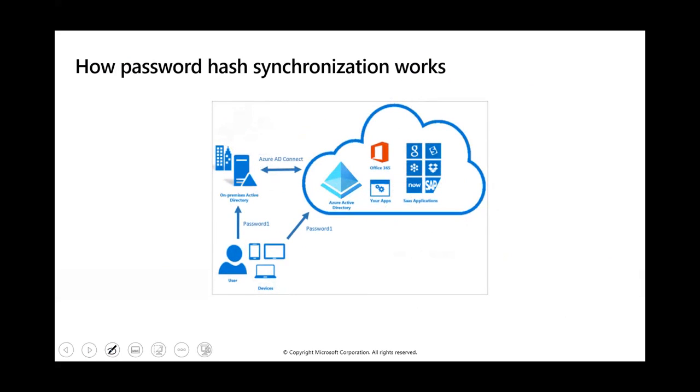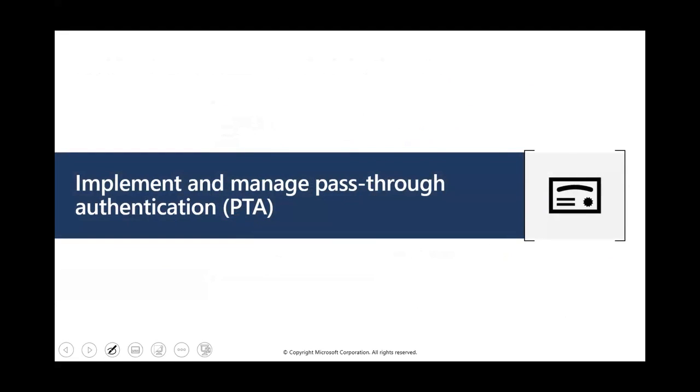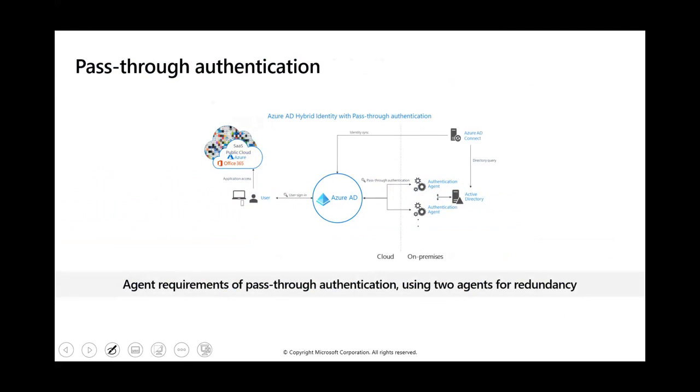The second one would be pass-through authentication. That is the other way of authentication that we can do, with a different configuration between our Azure Active Directory and our on-prem Active Directory. This time, it wouldn't use the hash of the passwords. When the user wants to connect, they connect directly to the cloud, to the Azure Active Directory.